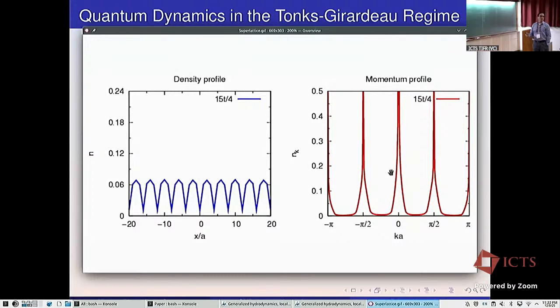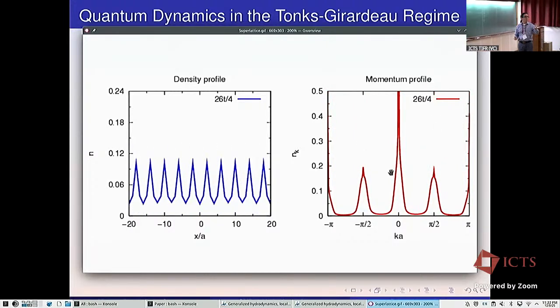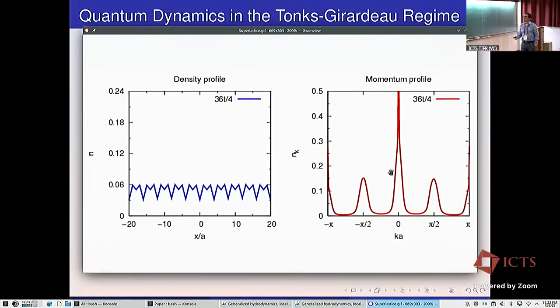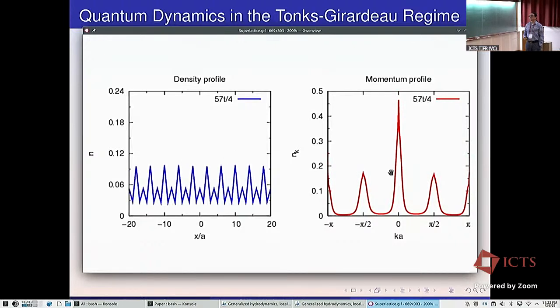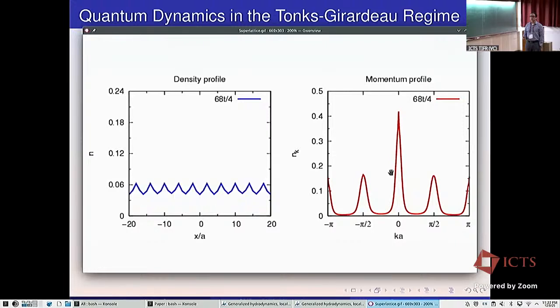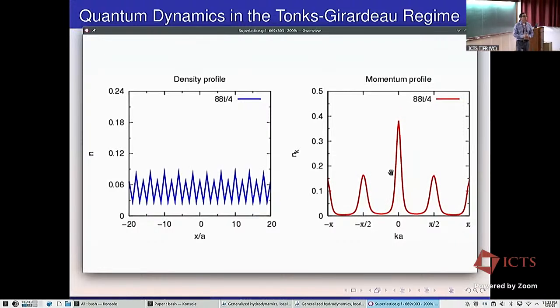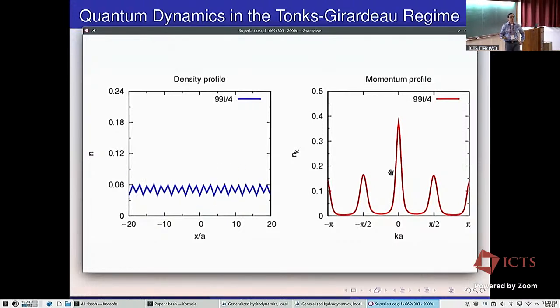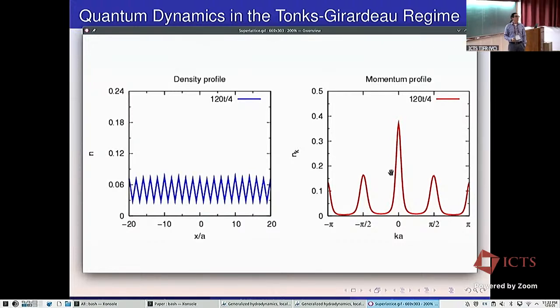These very sharp peaks are an indication of the zero temperature of the initial state. And then if you wait for some more time, in units of the hopping, you get something that is completely equilibrated. Now, why is this momentum distribution function surprising?